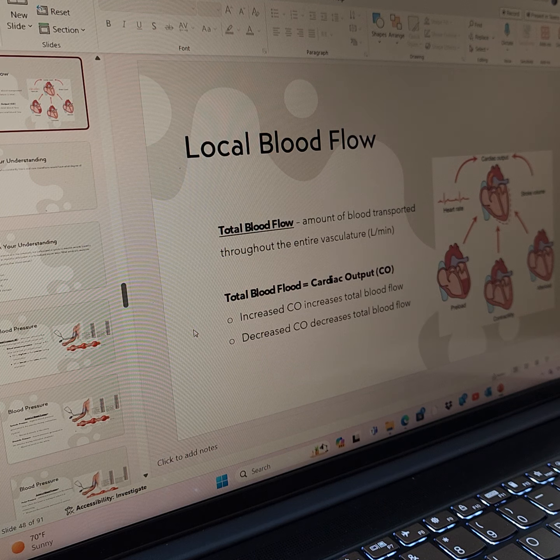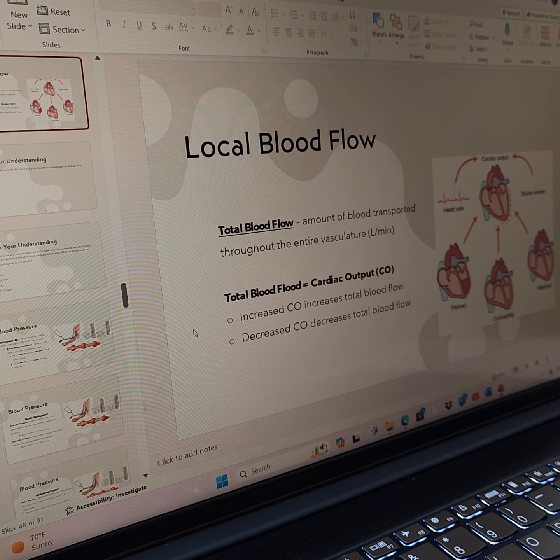And then on blood flow, total blood flow is the amount transported throughout the entire vasculature, so liters per minute. Total blood flow is equal to cardiac output. Increased cardiac output increases total blood flow.